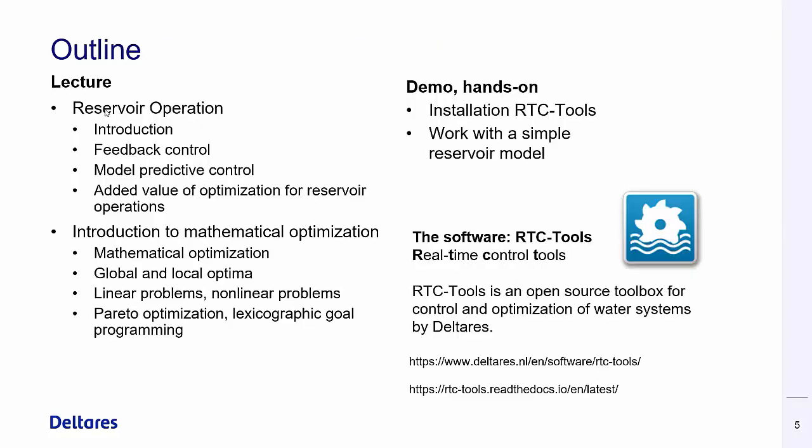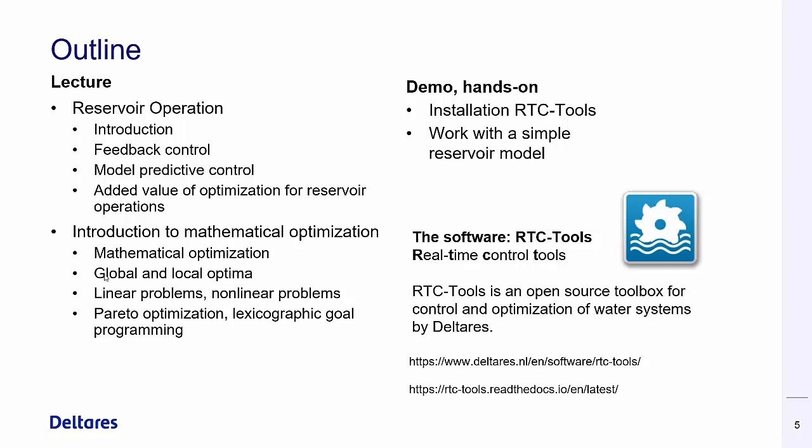We start with a lecture about reservoir operation in general. This is part 1 now. We'll discuss feedback control, model predictive control, and added value of optimization for reservoir operations. The second lecture is about mathematical optimization.